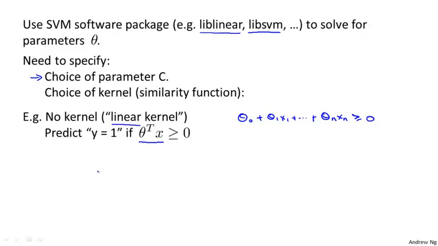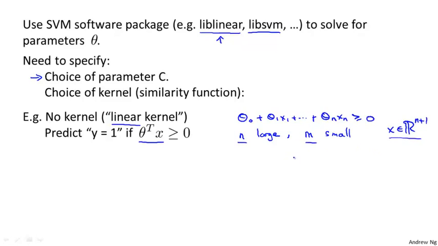That would be one reasonable choice for some problems, and liblinear is one example out of many of a software library that can train an SVM without using a kernel, also called a linear kernel. So when would you want to do this? Well, if you have a large number of features, if n is large, and m, the number of training examples, is small, then you have a huge number of features, x in R^(n+1), with a small training set.